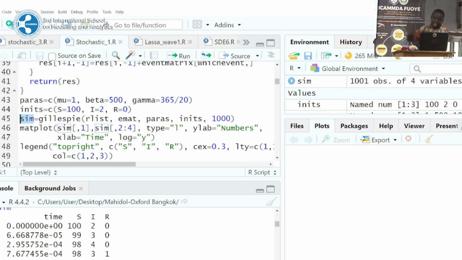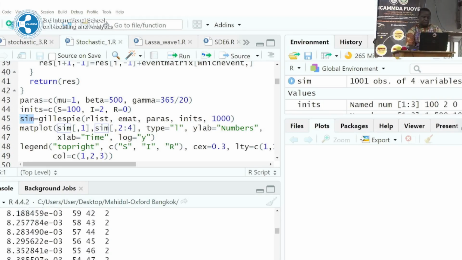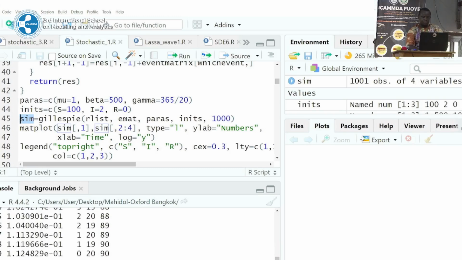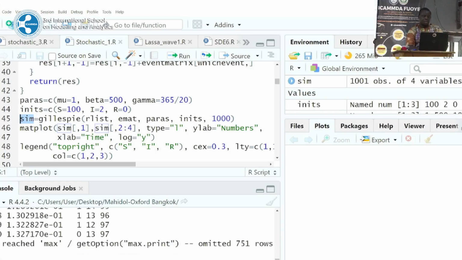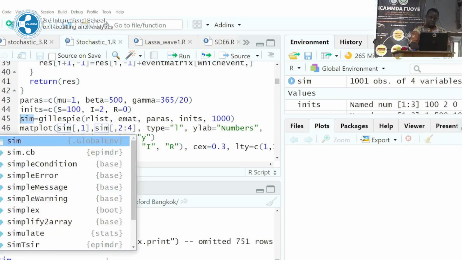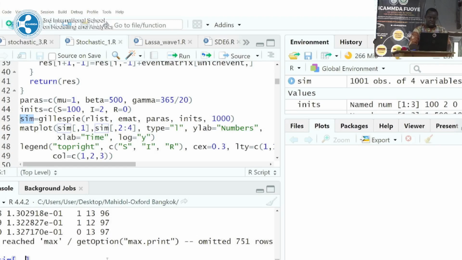If I want to call anything there, let's take for instance, I want sim, comma 1.